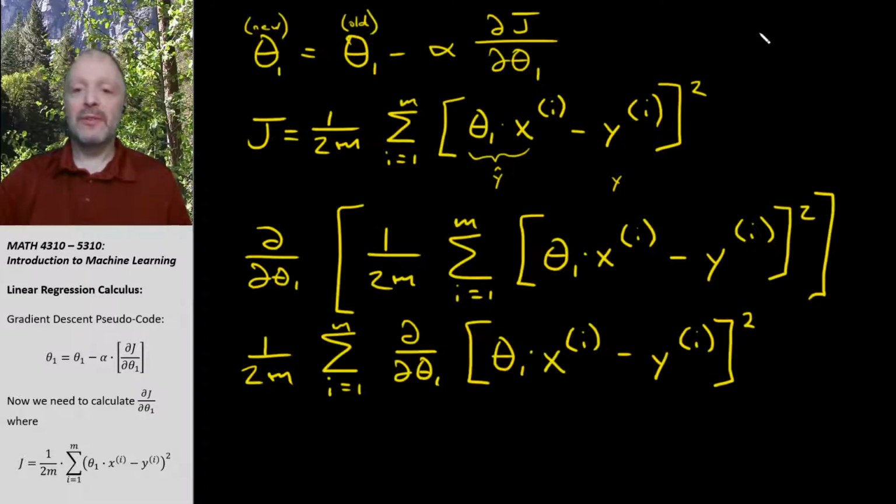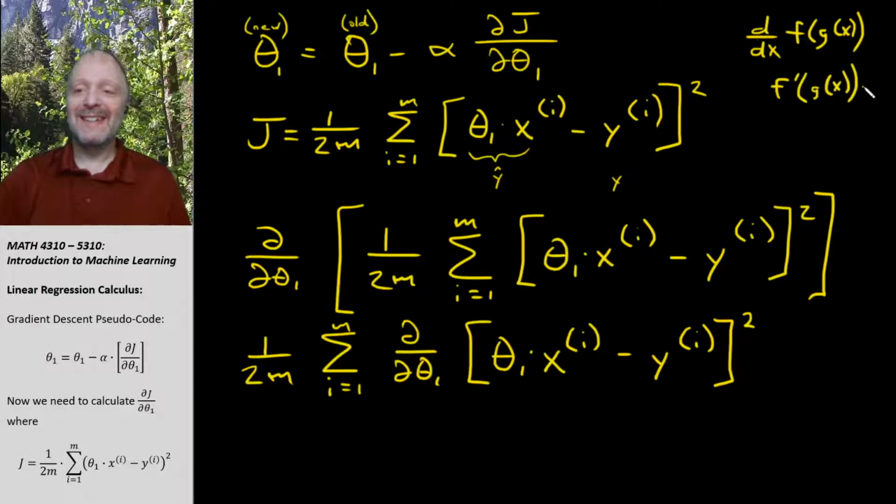When I'm taking the derivative of f of g of x, it's the derivative of the exterior, interior untouched, times the derivative of the interior, right? That's the chain rule. Well, same thing's going to happen here because this is a power right here, but inside here is just not theta 1, it is a bunch of other stuff.